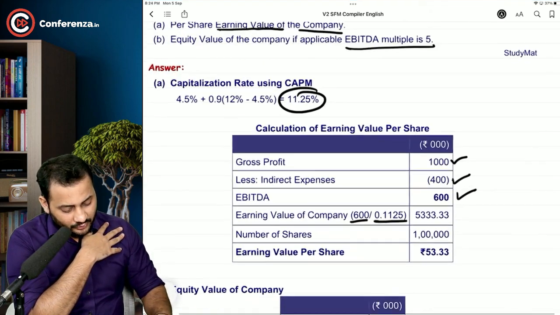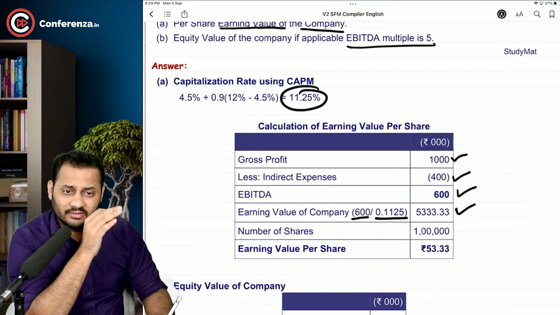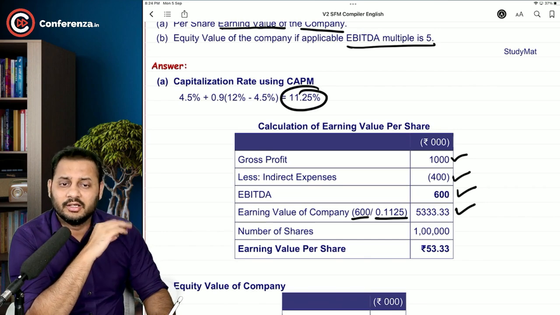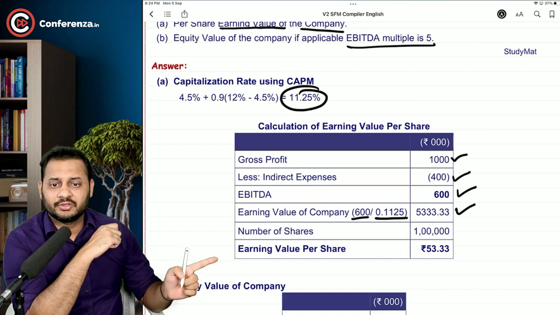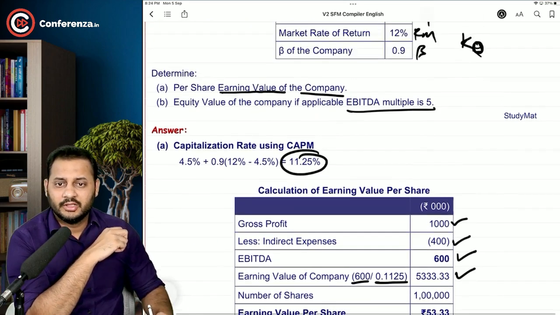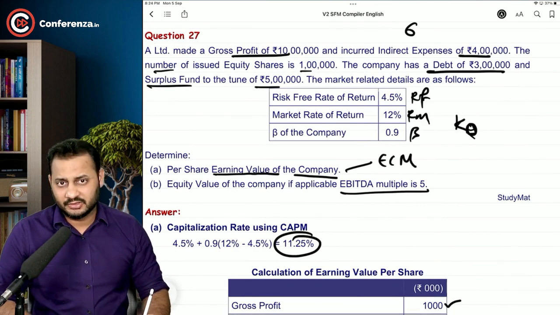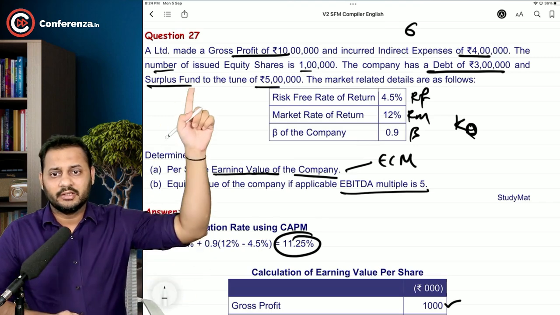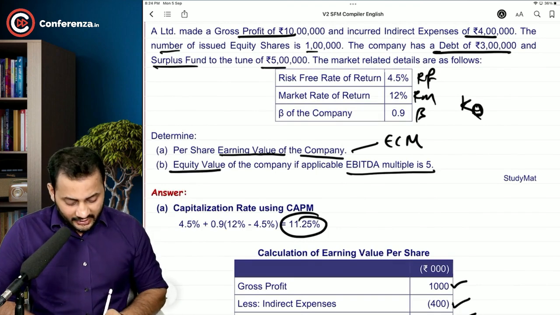So once you divide, you get the total earnings value of the company. That is somewhere around 53.33 lakhs, divided by the number of shares. So this is the earnings value. It's very simple. This was the earnings capitalization method. You capitalize the earnings, calculate the total value and divide it by the number of shares to calculate the per share value.